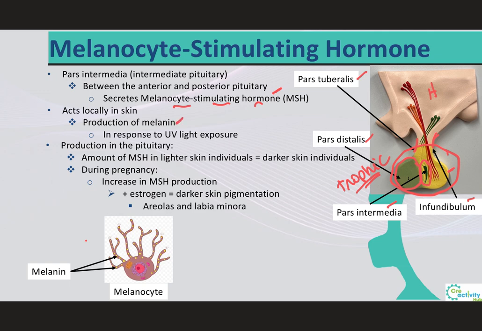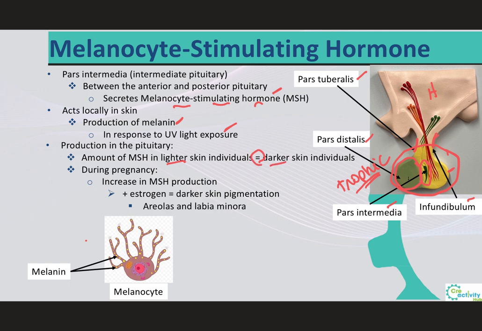Now, local production of melanocyte stimulating hormone in the skin is responsible for melanin production, and this is going to happen in response to UV light exposure. And the role of melanocyte stimulating hormone secreted by the pituitary is a little bit more complicated. For instance, people with lighter skin generally have the same amount of melanocyte stimulating hormone as people with darker skin.